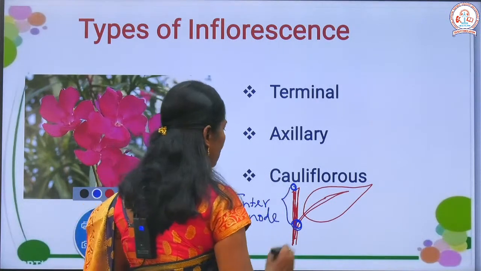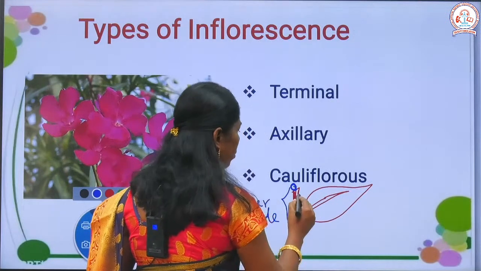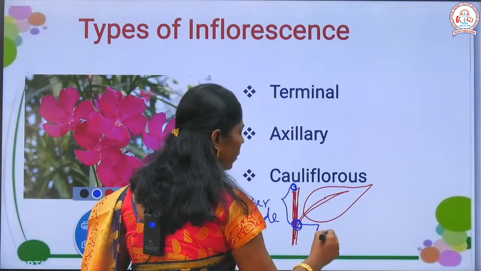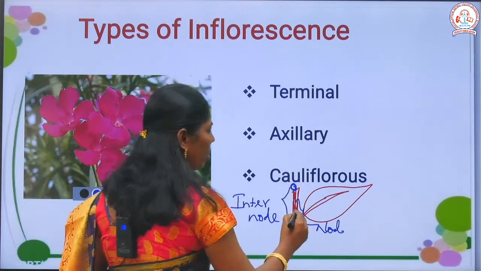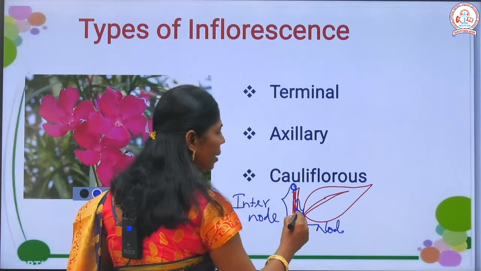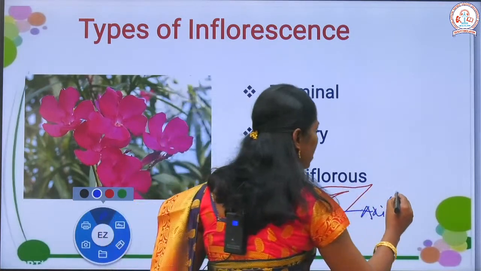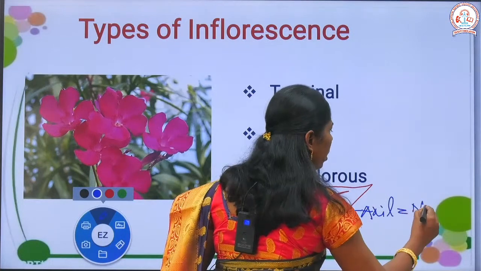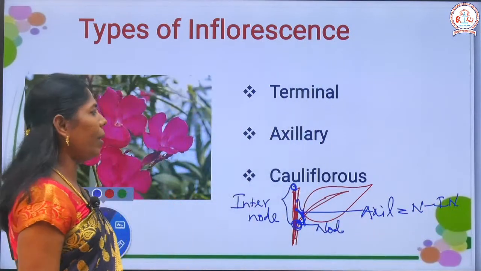So, where is the axil? The axil is present between the node and the internode. Up to this is a node and this is your internode. So, between the node and internode, that region is your axillary region. Note down: the axil is present between the node and internode.